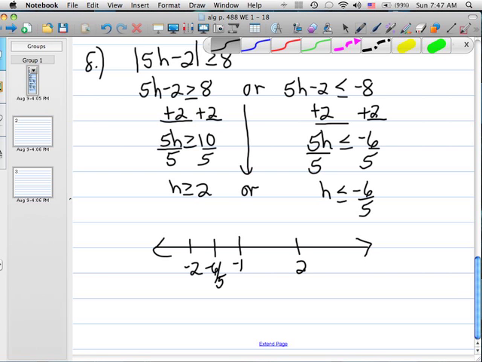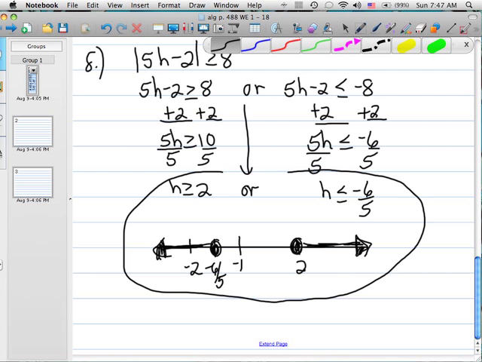And we have a closed circle since we have less than or equal to, shaded to the left. And a closed circle at 2, shaded to the right. So any of those numbers on those two lines would work.